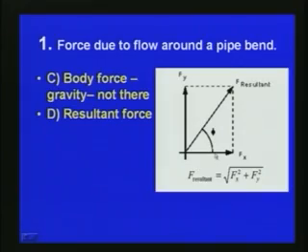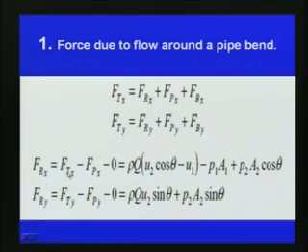Like this we can apply the linear momentum equations for various cases, and we will be discussing a few more cases. Finally, the force due to flow around the pipe bend in the x direction is Ftx plus Fpx plus Fbx. Ftx is already found, the pressure force is found, and body force is 0. So, this expression gives the force in the x direction, and in the y direction it is Fty minus Fpy minus 0, that is rho q u2 sin theta plus P2 A2 sin theta, which gives the force in y direction.